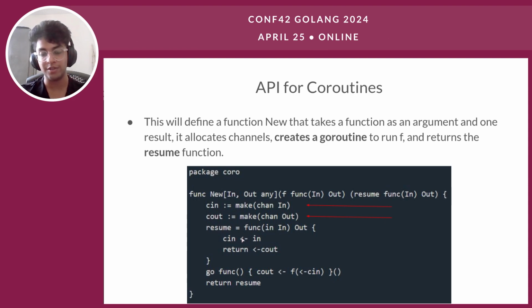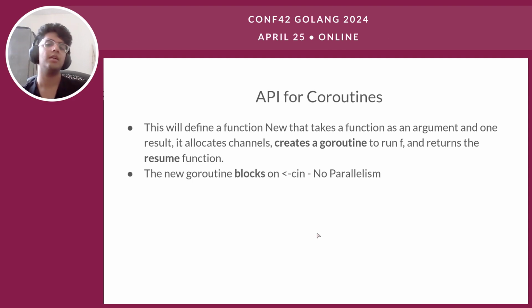All it does is write into C in and wait on C out. And as soon as your Go routine finishes executing your function F, it writes the output into C out, which unblocks this resume function, and your Go function can be blocked on C in again, right? So you can pause and see how this works. So the new Go routine blocks on C in.